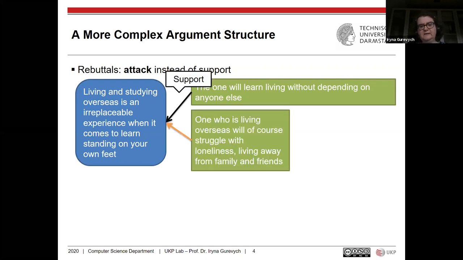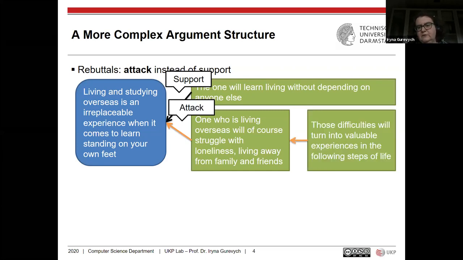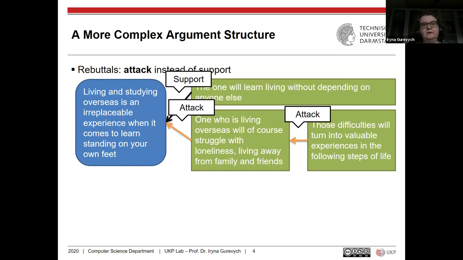And then another one, living overseas will, of course, struggle with loneliness, living away from family and friends. That is attacking the claim. And another premise, those difficulties will turn into valuable experiences in the following steps of life, is also attacking the previous premise, and they build a kind of chain. And two attack relations turn the stance of the two premises taken together to a support one.